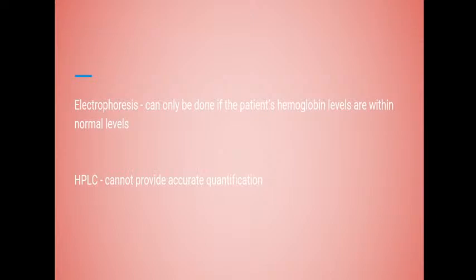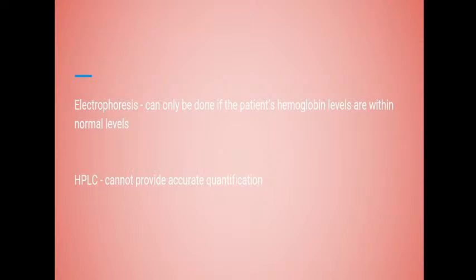You cannot do hemoglobin electrophoresis in patients who are suffering from sickle cell crisis. Okay? Why? There's constant destruction of cells. What else? These patients might have already been transfused with blood, so there will be a double population of hemoglobins.